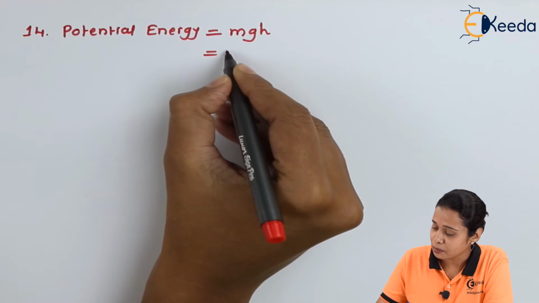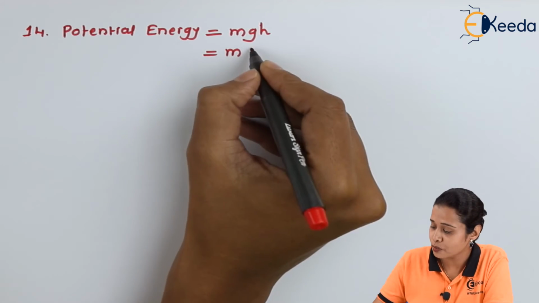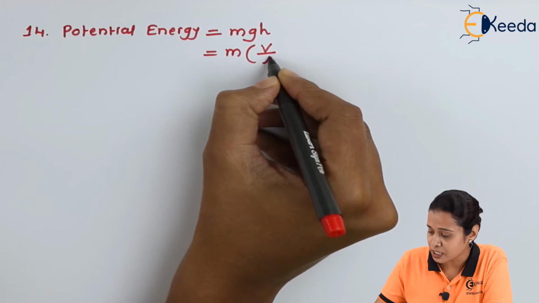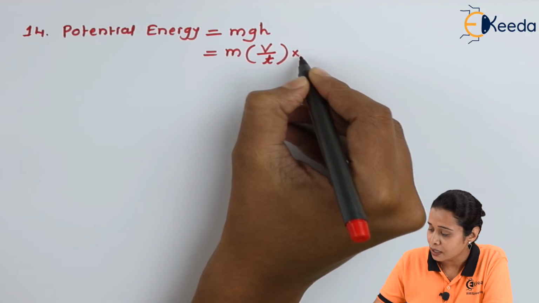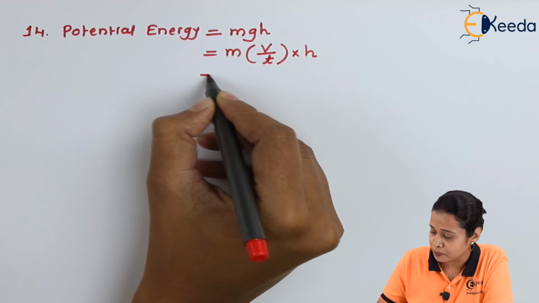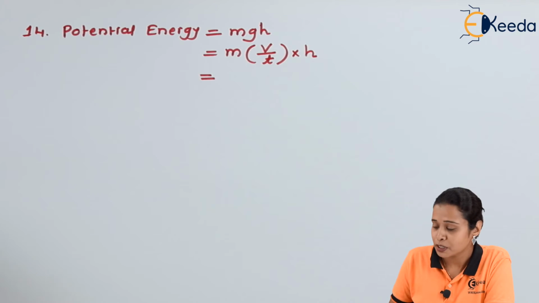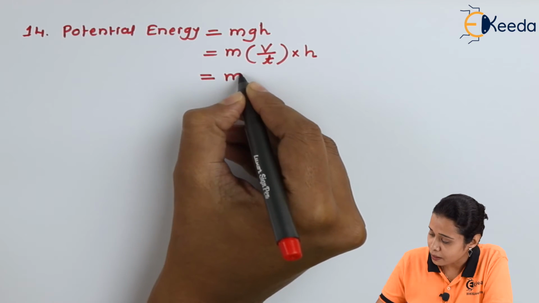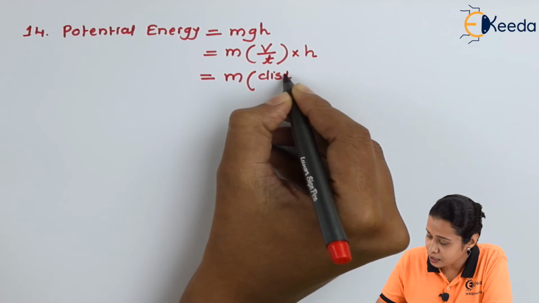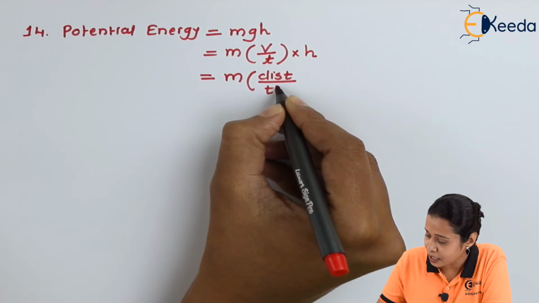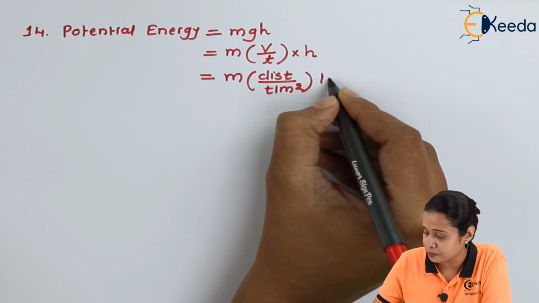So we'll write m for mass, then g is acceleration due to gravity, so we'll write velocity per unit time, and height is nothing but length. Now velocity can be expressed in terms of distance per unit time, so this formula will become m, distance per unit time, again divided by time, and height can be expressed in terms of length.